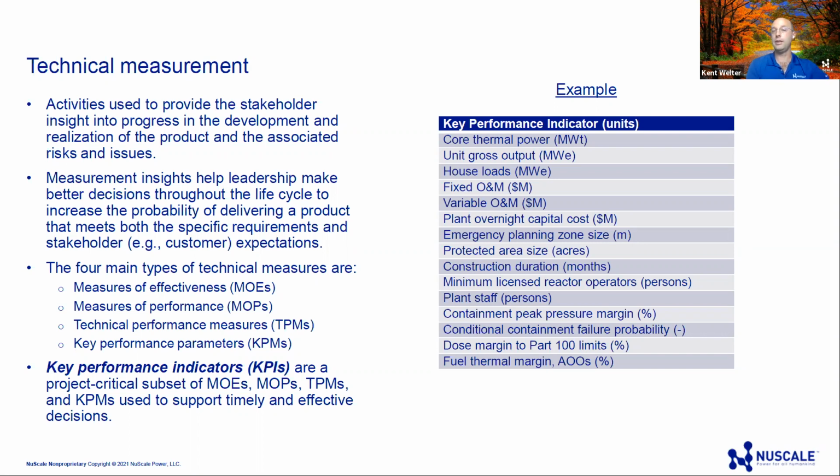Dose margin to Part 100 limits and fuel thermal margin. So it's not a complete list, but it provides an example of a collection of business, cost, schedule, and safety and risk performance objectives that we implement at NuScale.